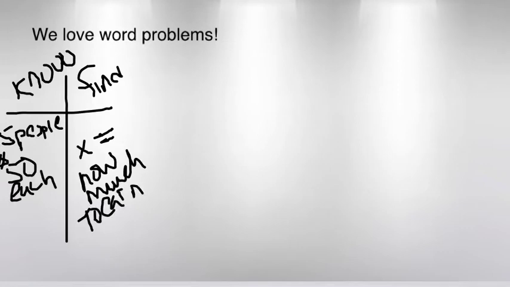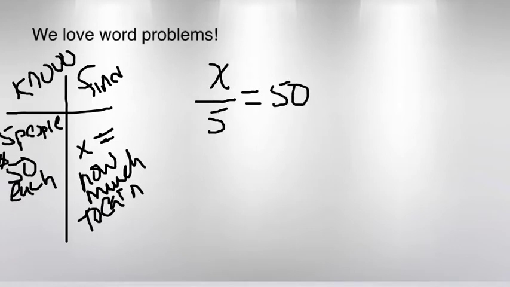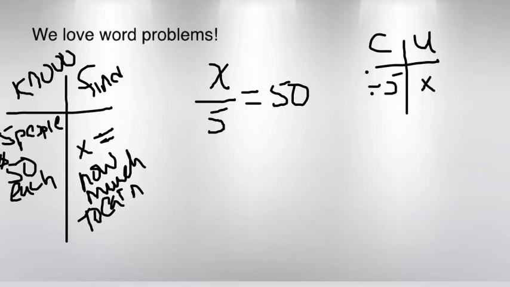So we're going to set up an equation, and our equation is going to be x divided by 5 people equals $50. And then we're going to go ahead and just use our clue chart, clue and undo. Well, my variable's being divided by 5, so I undo that by multiplying by 5 on each side.